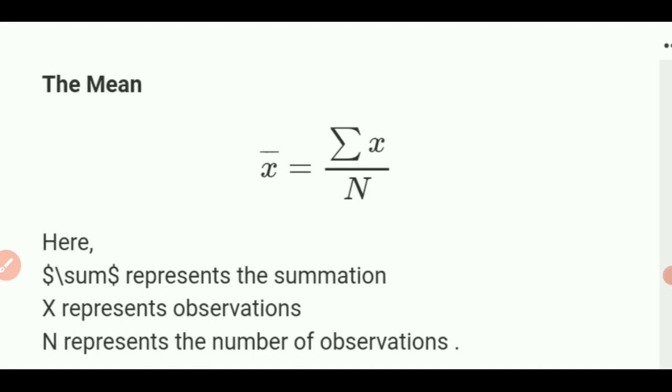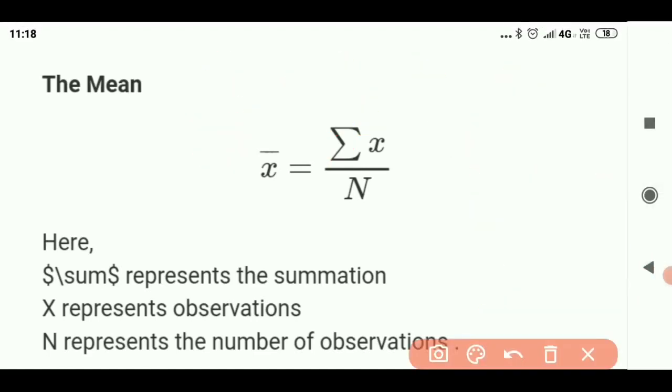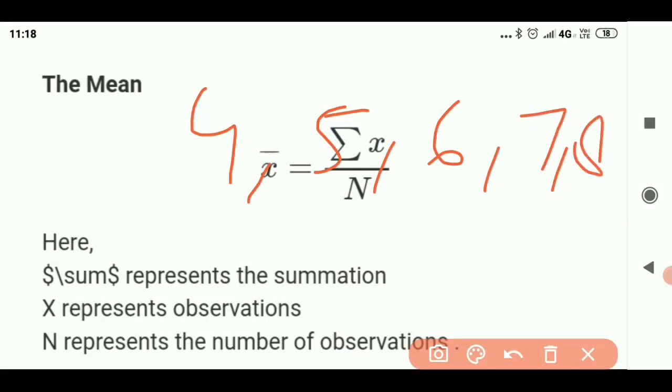Suppose that once again I would like to show you. Suppose we have ungrouped data like 4, 5, 6, 7, 8, right? I have to find out the ungrouped data mean.